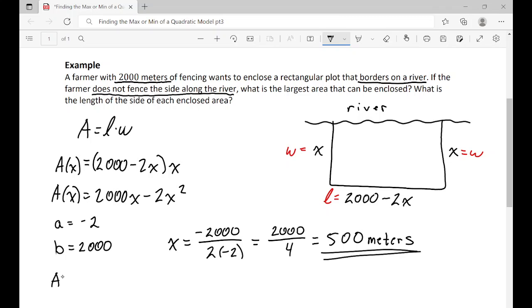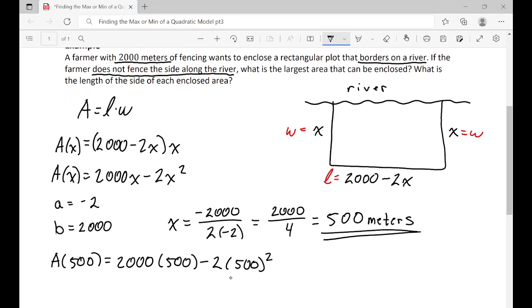So A of 500 equals 2000 times 500 minus 2 times 500 squared. And that's going to give me, if you just, again, throw it all in a calculator, 500,000 square meters. Now let's abbreviate it like that.